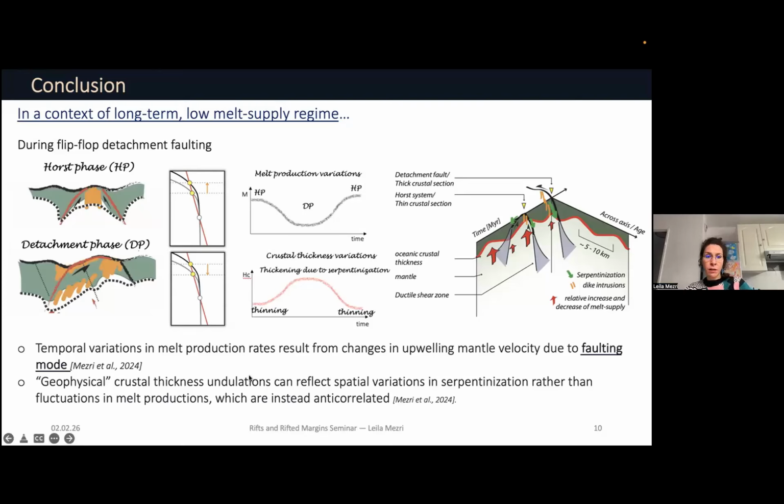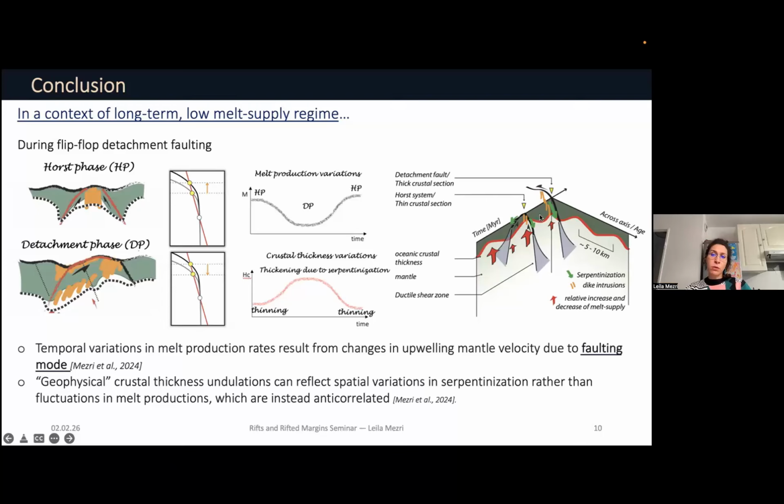So the temporal variations in melt production rates are due to changes in upwelling mantle velocity that are controlled by the faulting mode. And so we suggest that the geophysical crustal thickness undulations in such a context can reflect spatial variation in serpentinization rather than fluctuation in melt production, which are instead anti-correlated.